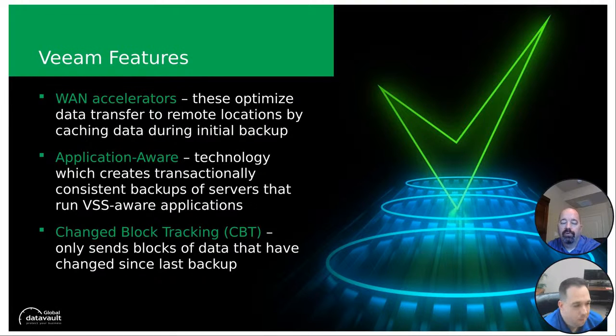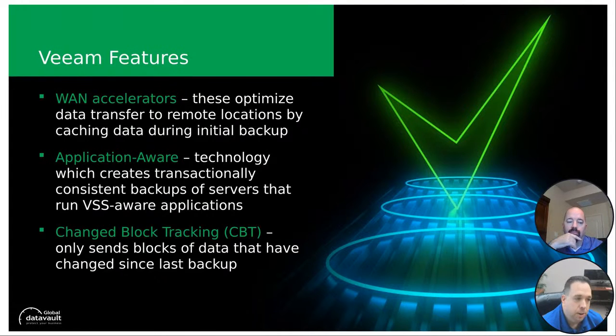That's cool. Go ahead and wrap us up here on this one with the application aware, if you would. So application aware creates a transactionally consistent backup of servers that run VSS aware applications.